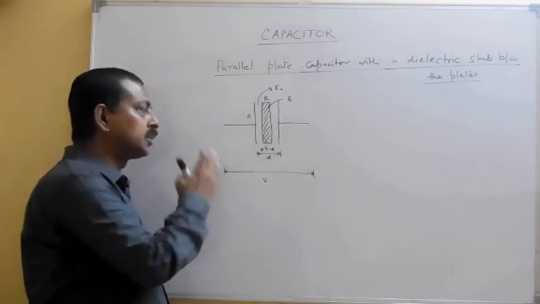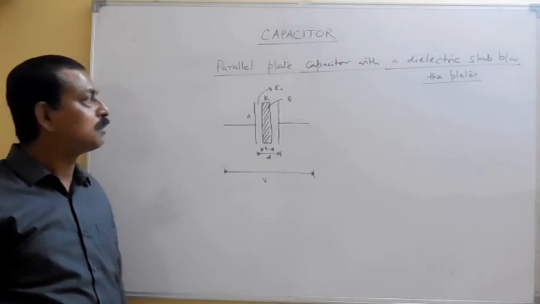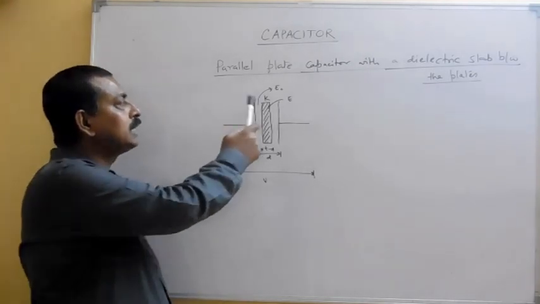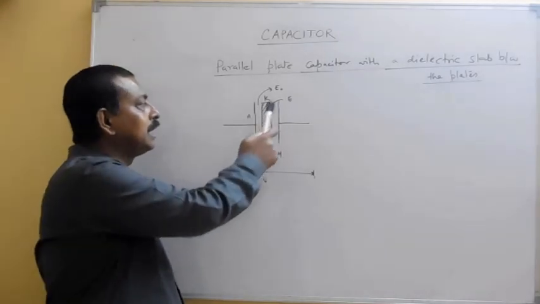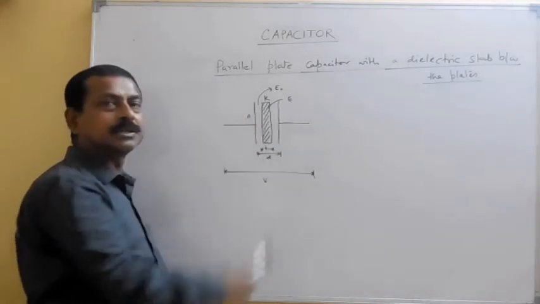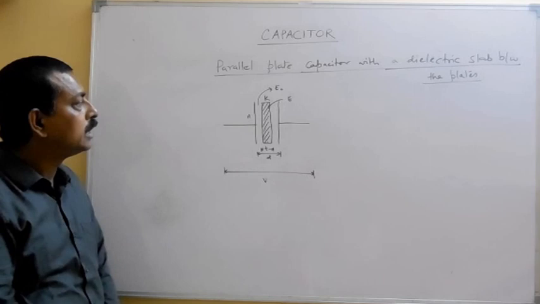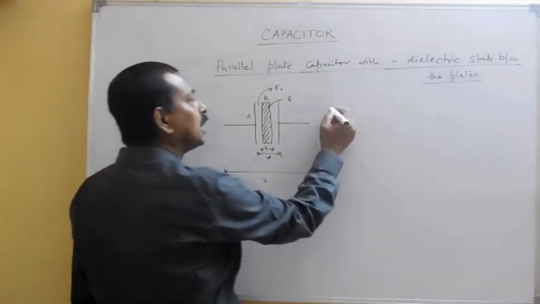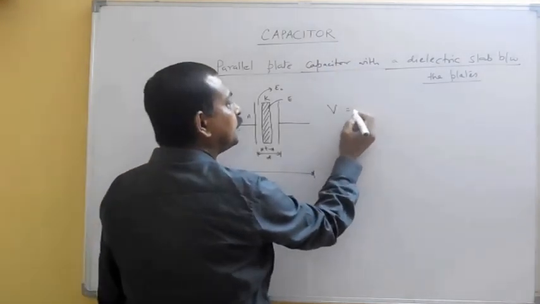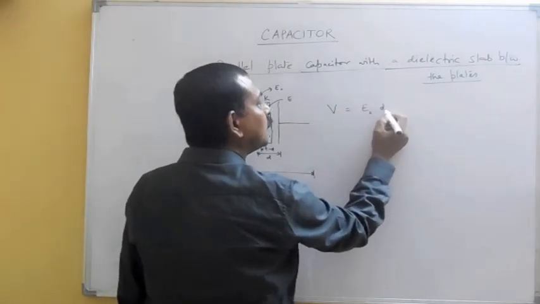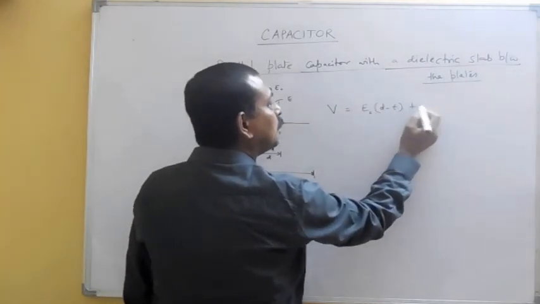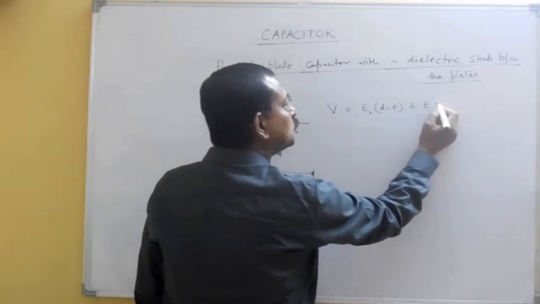Suppose V is the potential difference across the plates of the capacitor. E naught is the electric field in the air gap, and E is the electric field in the dielectric medium. Now, the potential difference will be equal to E naught times d minus t plus E times t.